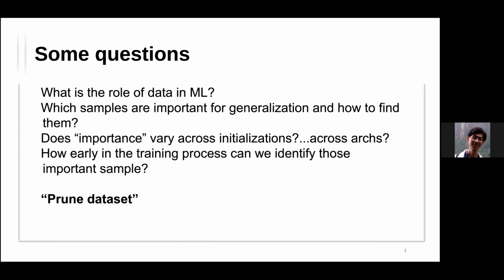And as long as the pruned data set can achieve the same effect in learning a model, the problem of pruning a data set is kind of an optimization problem. We pick the most informative samples from the training data to achieve the same learning effectiveness.